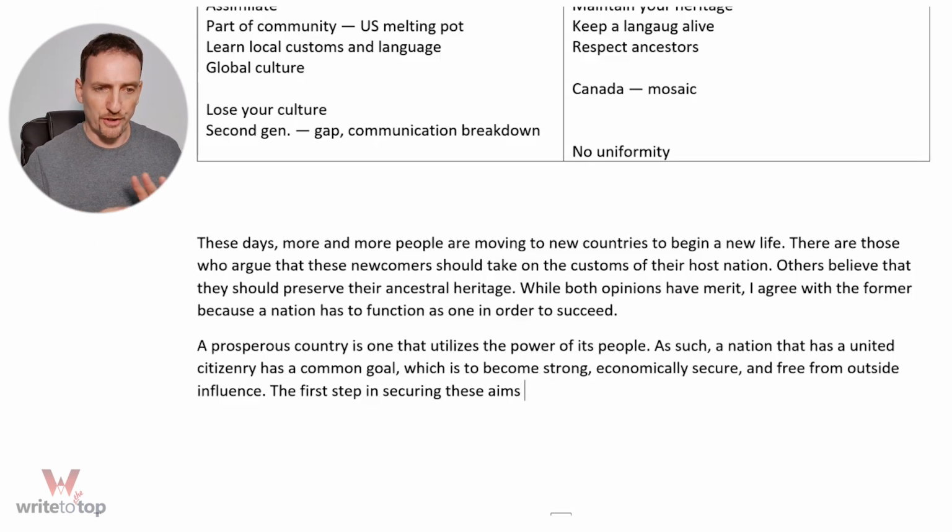Okay, let me take a little break and explain. So a prosperous country is one that utilizes the power of its people. So right away, I'm talking about people power, people as a group having a certain power to help the country. So a nation that has a united citizenry has a common goal. How do they become prosperous?